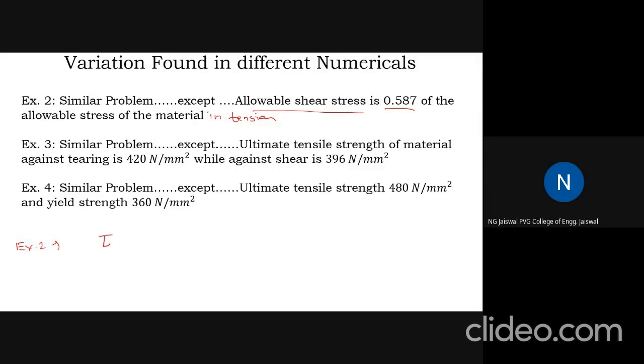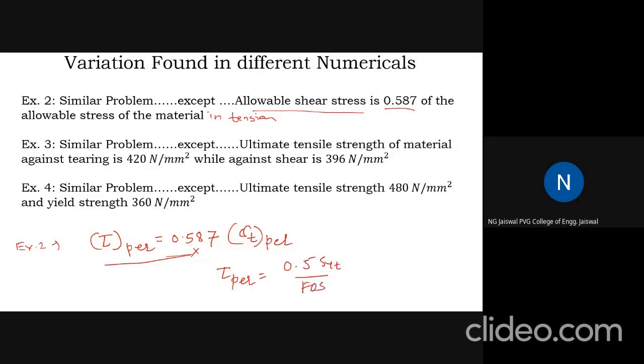It means that allowable means permissible. Permissible shear stress, that is allowable shear stress, is equal to 0.587 of allowable stress in tension. This relation you have to follow. If this relation is not given, we find permissible stress equal to 0.5 times SYT by factor of safety.